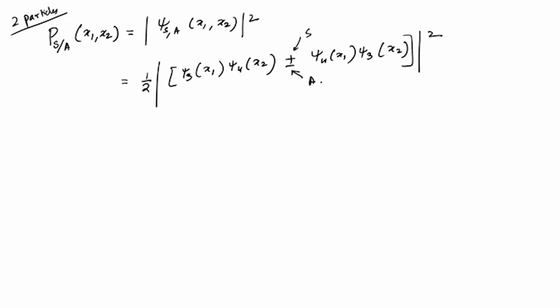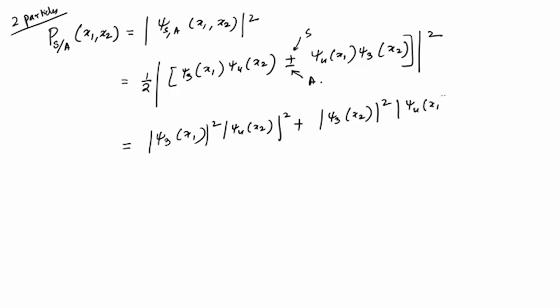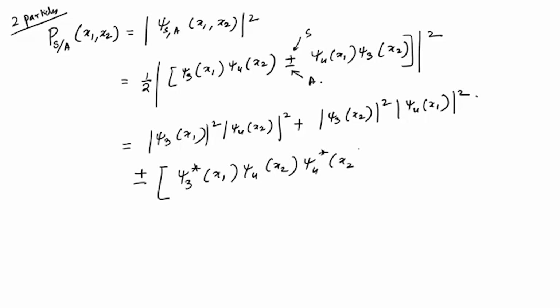And if you open the bracket, this is really psi 3 x1 square, psi 4 x2 square, plus psi 3 x2 square, psi 4 x1 square, and plus or minus you have psi 3 star x1, psi 4 x2, psi 4 star x2 and psi 3 x1.